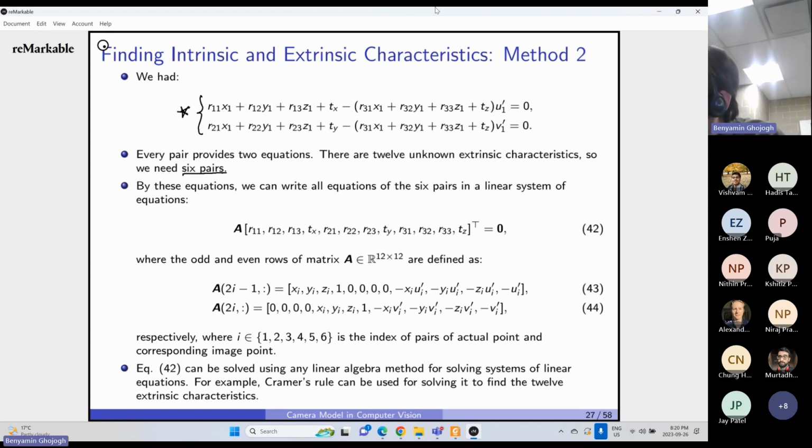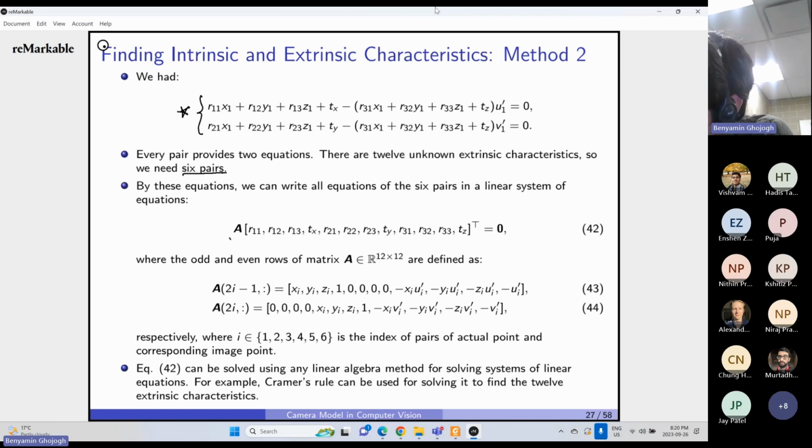Okay. So by these equations, as you see, ideas are repeated, but used in different situations. Previously we needed 6 pairs for camera calibration. Here we need 6 pairs for finding the translation and rotation values, right?